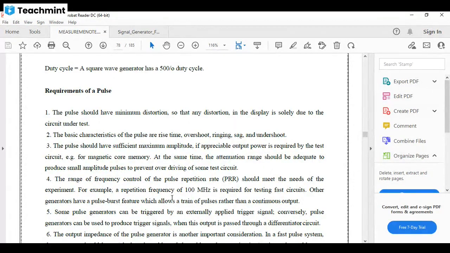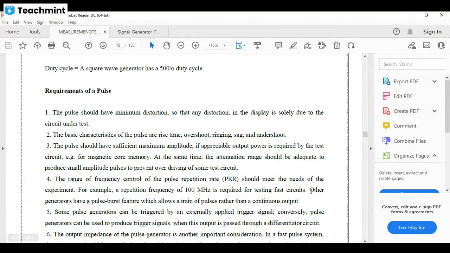For example, a repetition frequency of 100 megahertz is required for testing fast circuits, and other generators have pulse burst features which allow a train of pulses rather than a continuous output.